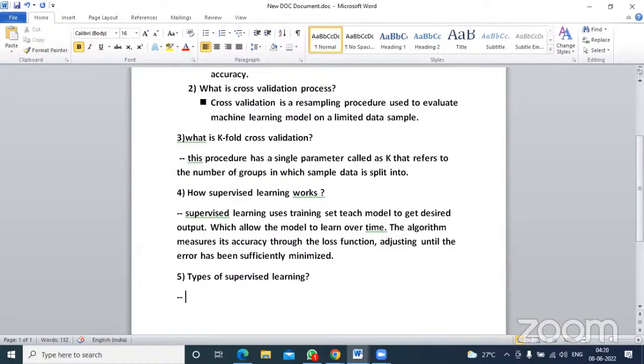KNN, naive Bayes. Yeah, very good. Friends, I am asking you the types of supervised learning. The friends giving KNN and naive Bayes, these are the algorithms we are going to use in supervised learning.